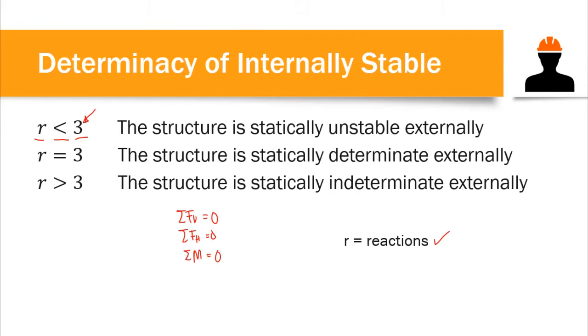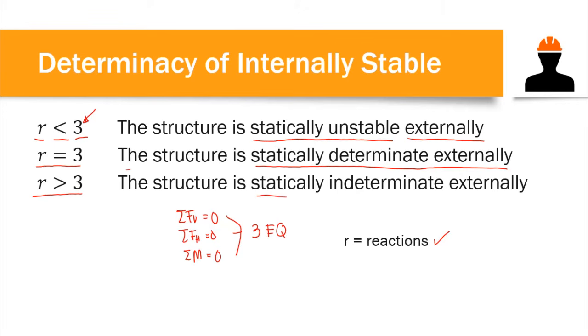If our number of reactions is less than 3, then the structure is statically unstable externally. If the number of reactions is equal to 3, the structure is statically determinate externally. If the number of reactions is greater than 3, our structure is statically indeterminate externally. So this is for an internally stable structure.